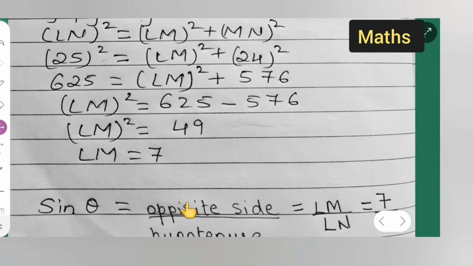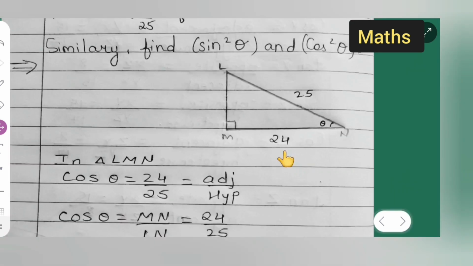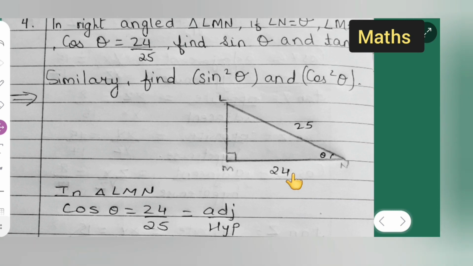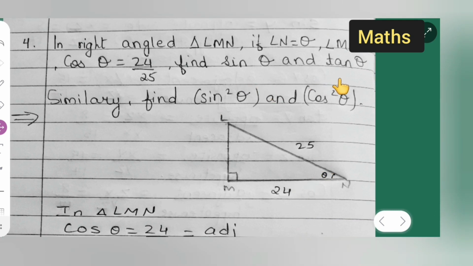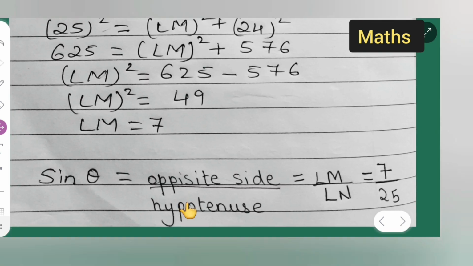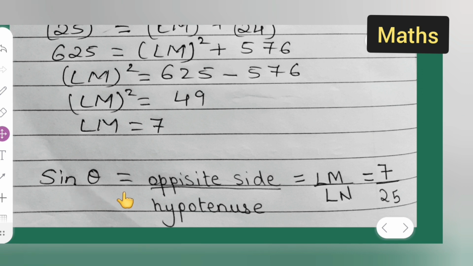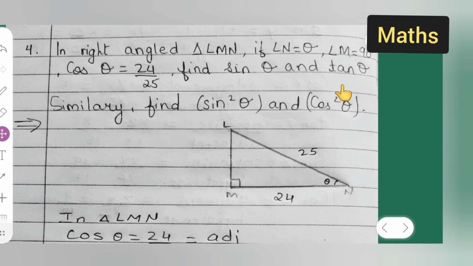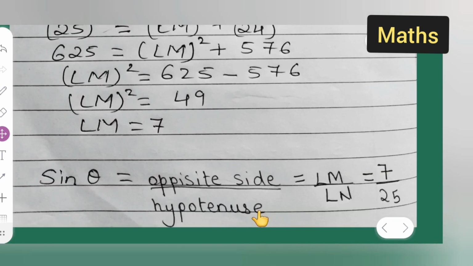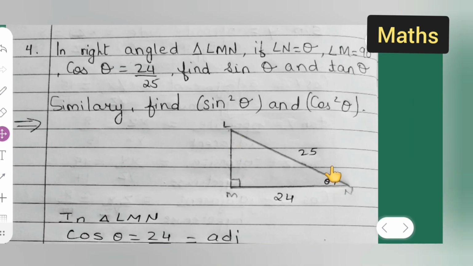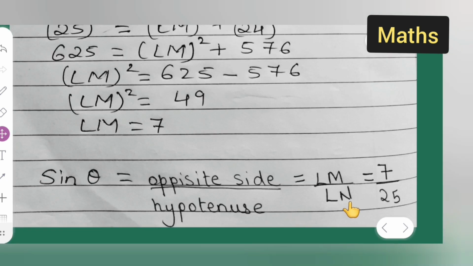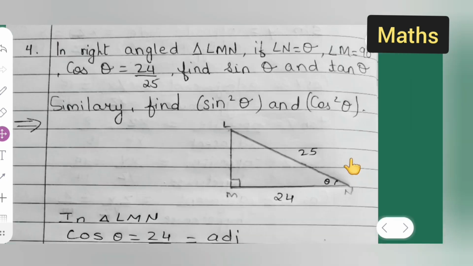After that, we are going to find sin theta and tan theta first. So let us see sin theta. The sin theta formula is opposite side upon hypotenuse. The opposite side is LM, and the hypotenuse is LN.